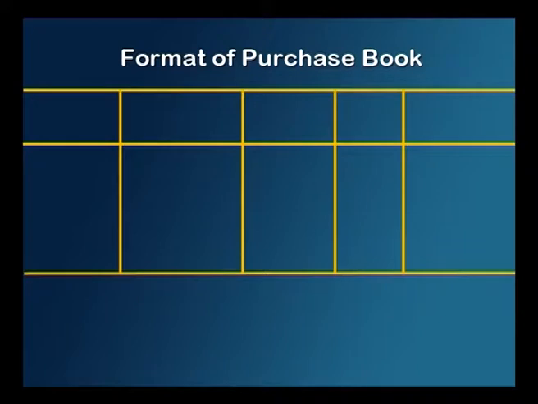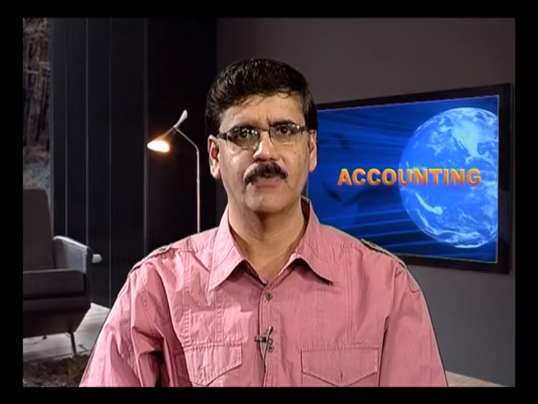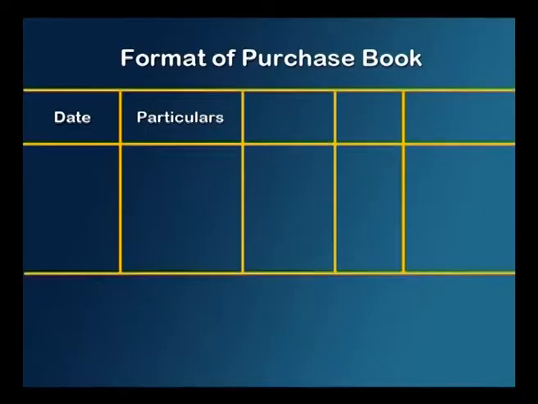As you can see, the structure of a purchase book comprises of 5 different columns. The first column, date column, shows the date on which transaction took place. As you know that journal is meant for recording the transactions instantaneously, transactions are normally recorded on the same day of happening.